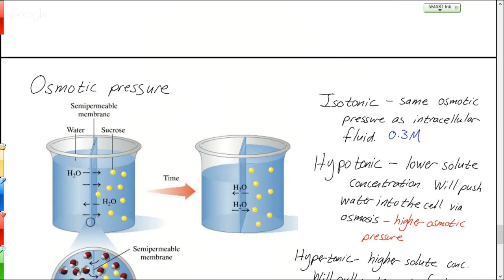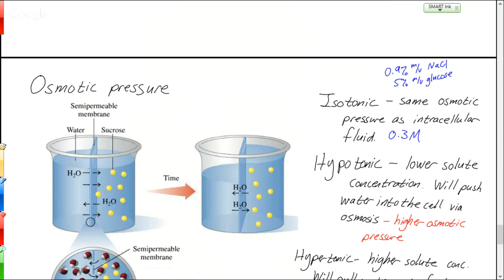So for instance, 0.9% sodium chloride is what we call normal saline. That's mass by volume. So 0.9% grams per milliliter is normal. But 5% glucose is also isotonic.